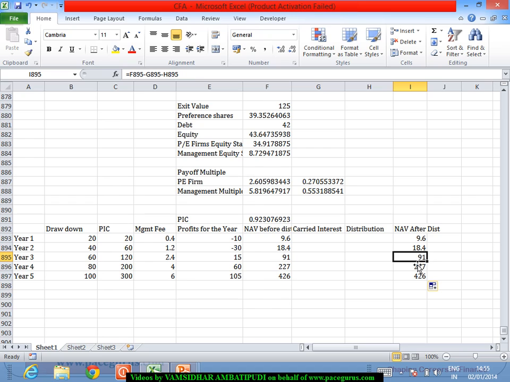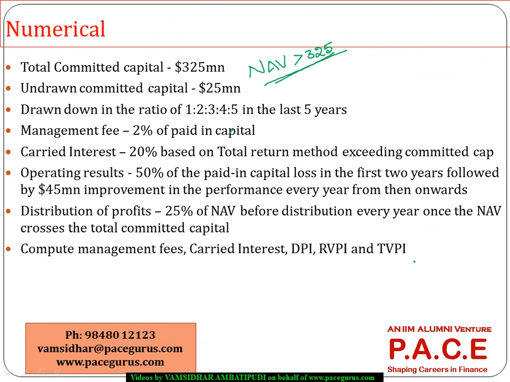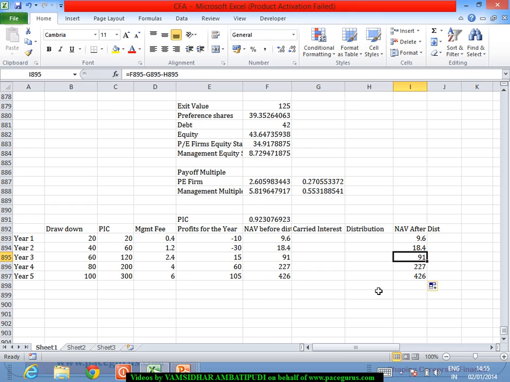Then I need to work out the carried interest as well as the distributed money. The carried interest is 20% based on the total return method, 20% of the total return exceeding the committed capital. The committed capital I have taken as 325 million, so anything exceeding the committed capital is what we take as carried interest. Only in this year is there a carried interest applicable.